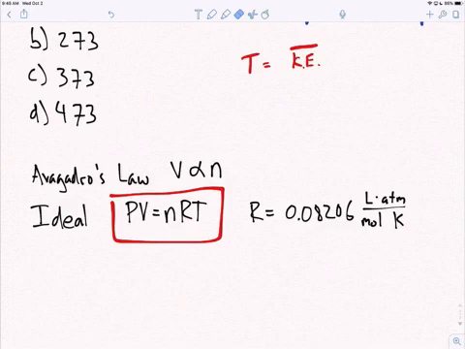But ideal gas, we'll talk about this more when we get to kinetic molecular theory. But the ideal gas is a made-up thing. This is actually a math model. This is the perfect gas. What is the perfect gas? It's a gas that has a volume, but the particles themselves have no volume, and also the particles have no attraction for each other.